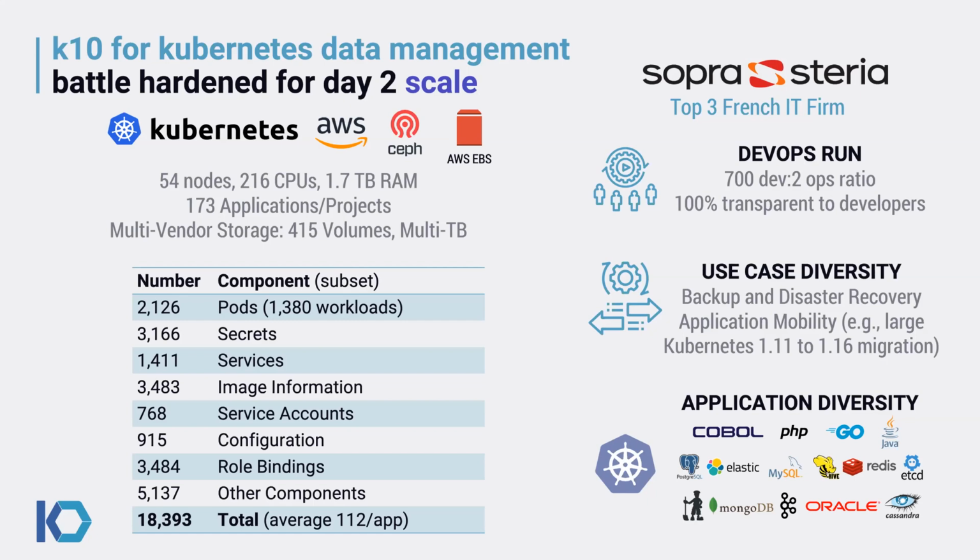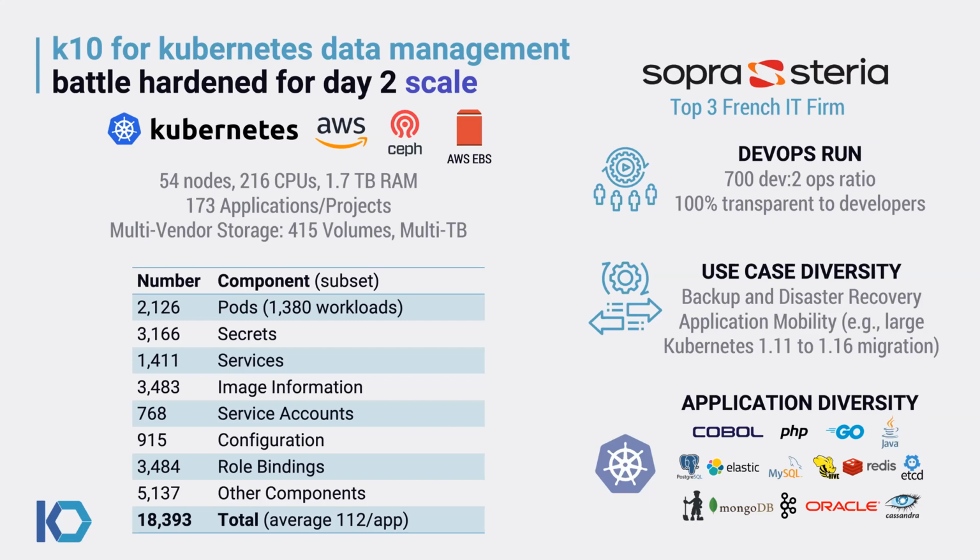You have to take all of the different pieces into consideration, whether you have APIs that have mutated or changed, and a lot of times it can be very difficult and something you don't really want to do in place. But using the K10 platform, Soprasteria was able to do that migration through us and make sure that all of their applications remained available, all of the data migrated accordingly, and all of their applications were functional.